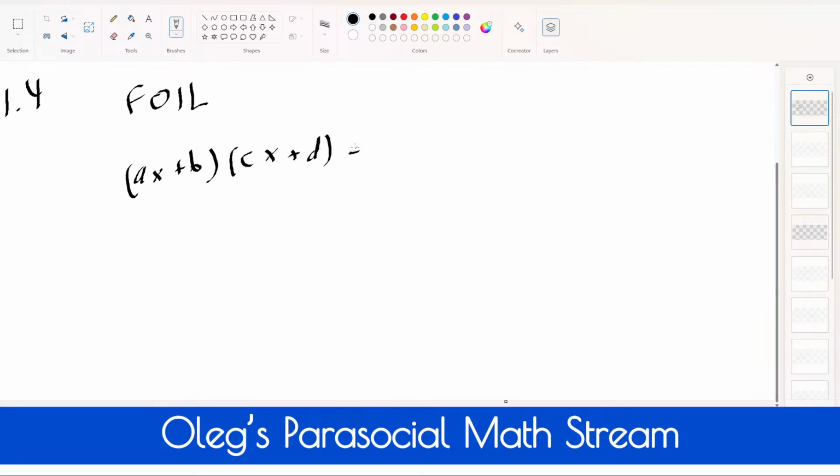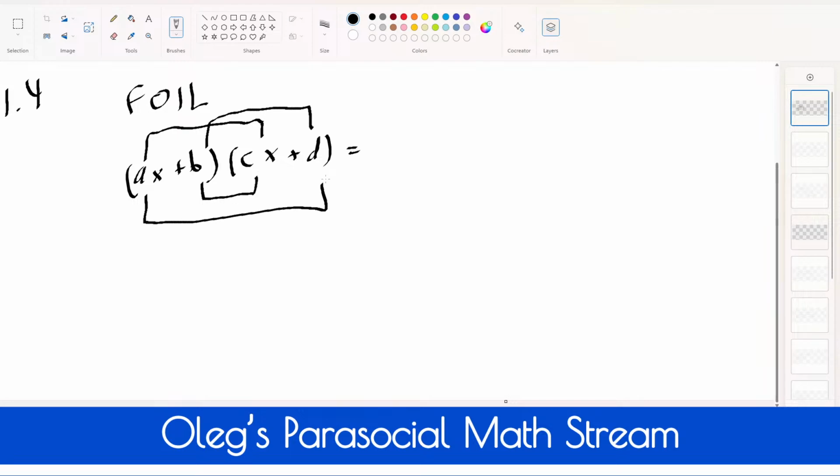These are constants. So what we have is we multiply first and last terms, a and this one here. And then we're going to have the last terms. Okay, and then we have our inner terms. And then we have our outer terms.